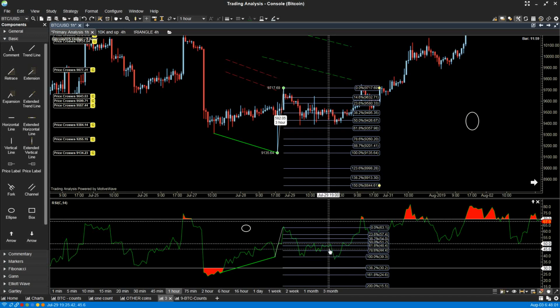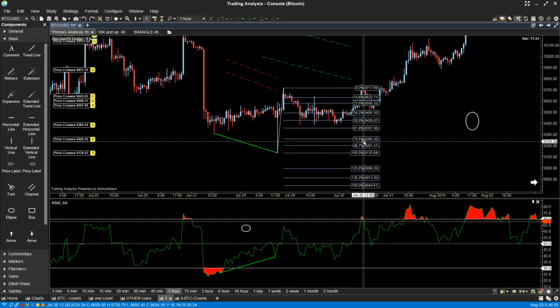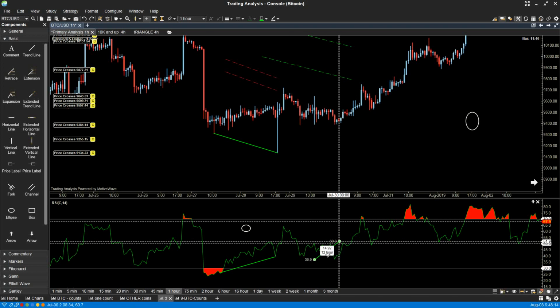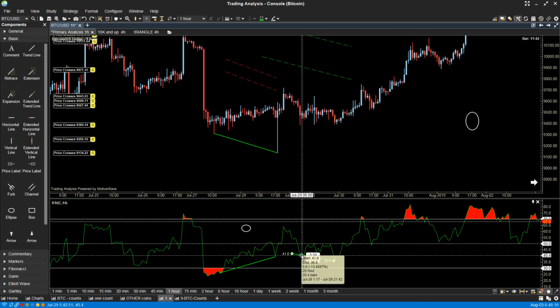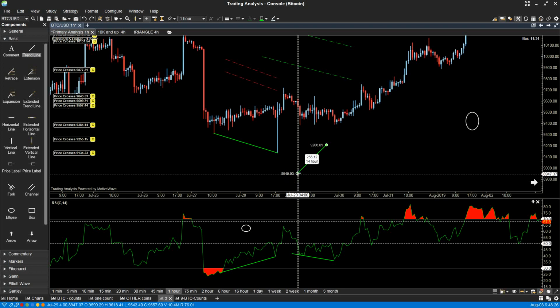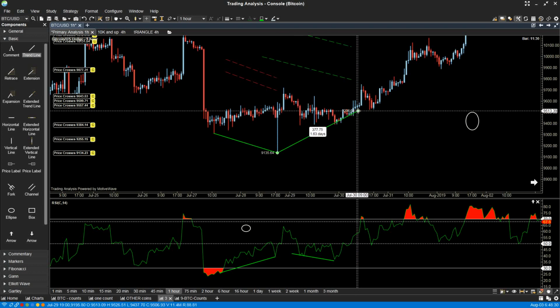What does that mean? That it's extremely tired, and this by itself is going to offer us what we call a hidden divergence. What's a hidden divergence? That the price here went lower. You see, between those 2 pivots right here, the RSI went lower, but the actual price went higher.